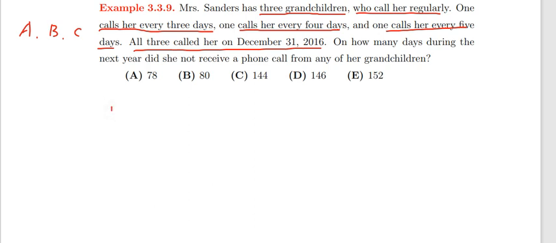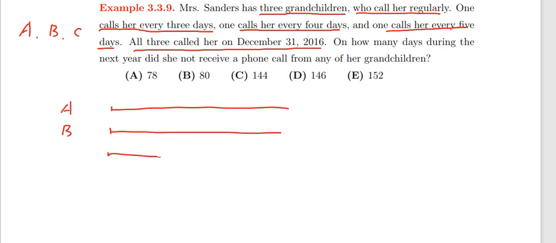Okay, so the last day of the year, all these three call her, and A calls her every 3 days, B calls every 4 days, and C calls every 5 days, like that.